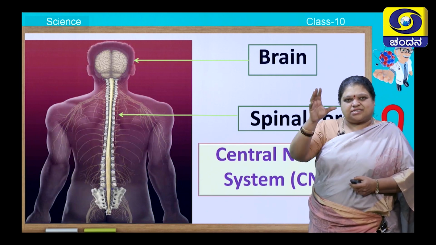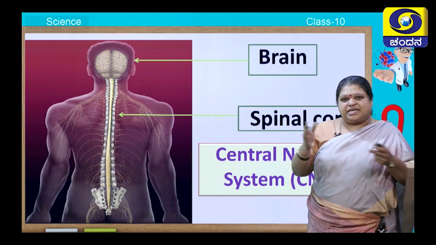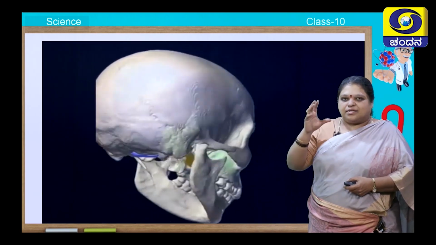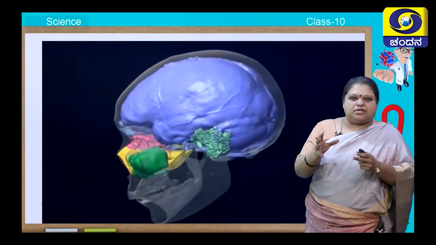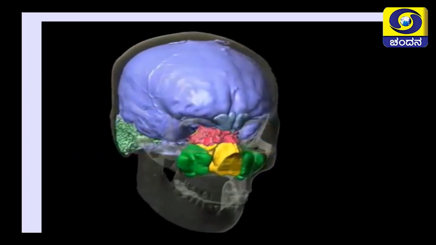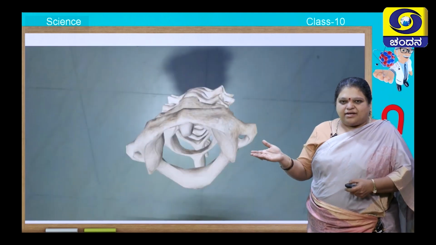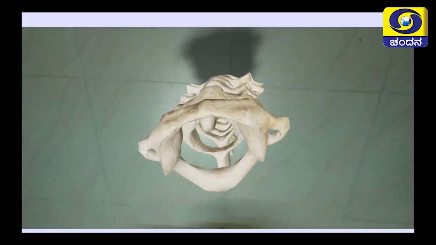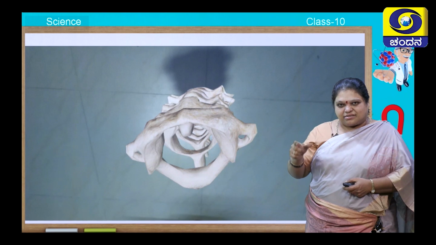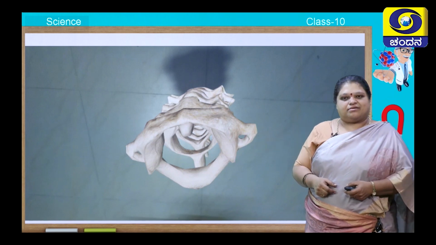Central nervous system, because that is the center of all the messages, impulses, thinking, etc. The brain is protected by a hard cranium, you call it as skull. Next you can see that the spinal cord is protected by the vertebral column, which is present surrounding the spinal cord.